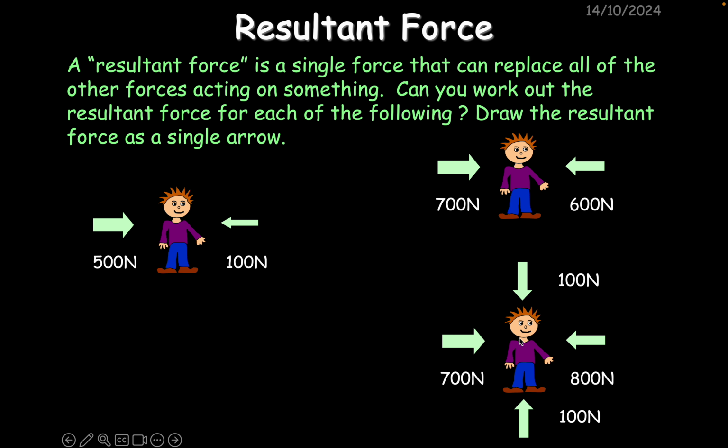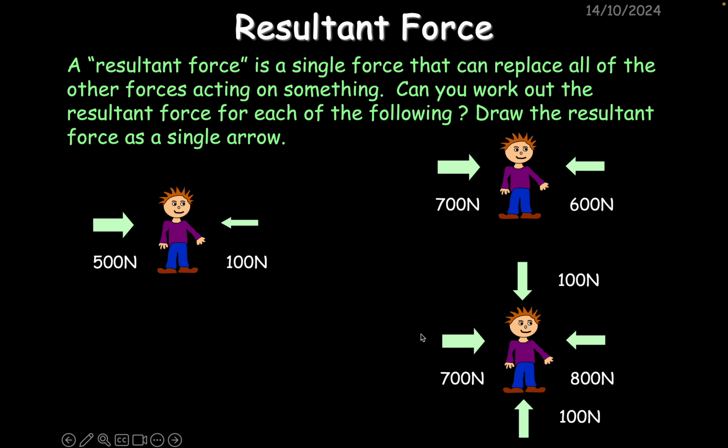In this one, the up and down arrows are 100 newtons each, so up and down is balanced, so he's not going to move up or down. But left and right, the left arrow is 800, the right arrow is 700, so the resultant force would be 100 newtons to the left.